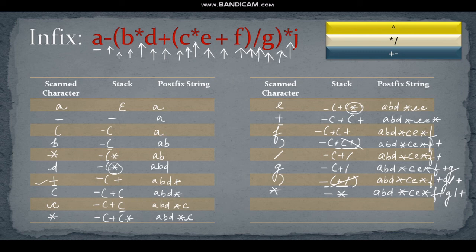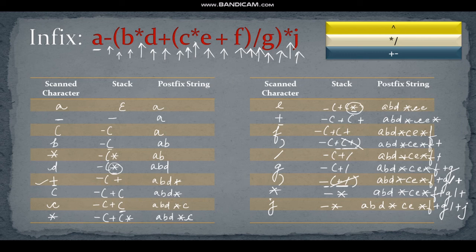Now let's come to the next element, that is J. Now J being an operand will be pushed onto the postfix string, so that I get the string as star CE star F plus G plus, and this has to be pushed onto the stack.